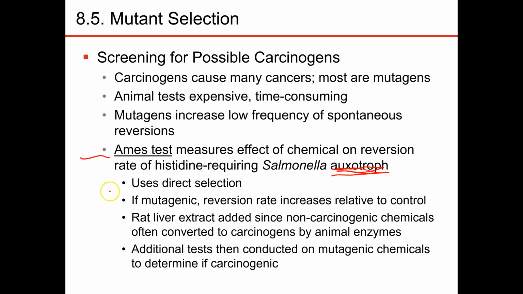And we grab the bacteria that we want to use and we put them on a plate with the chemical, and if they grow without histidine, that's most likely considered a mutagen.